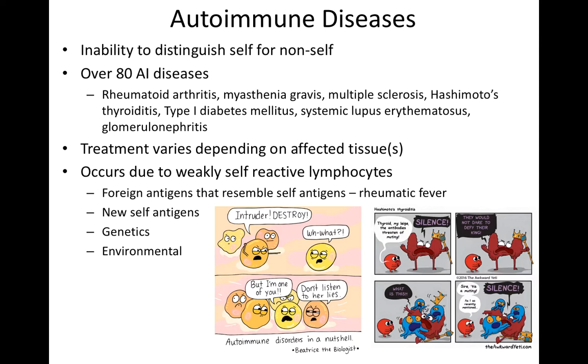If you develop, through just random mutation, a new antigen, there's no way to tell your immune system that this is self. That process has already happened. We don't have a way to go back and edit the list of things that we consider self. So this is a very active area of research because, again, these can have very significant effects to the patient, and we really are not good at treating them yet.